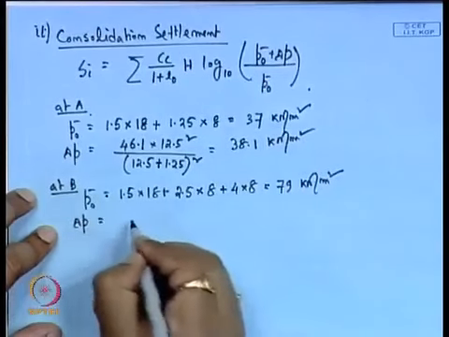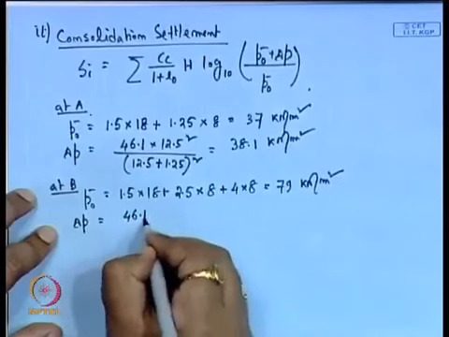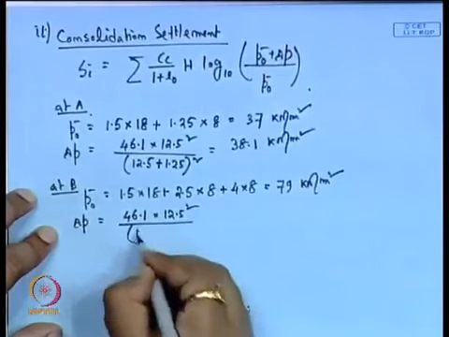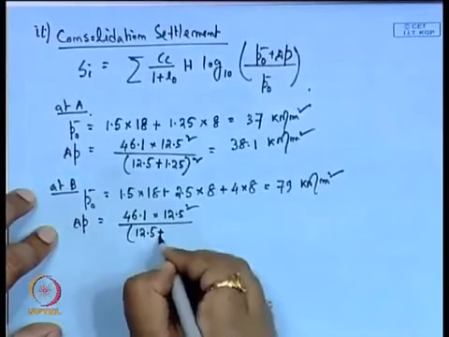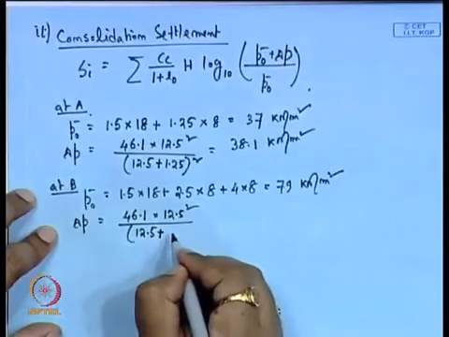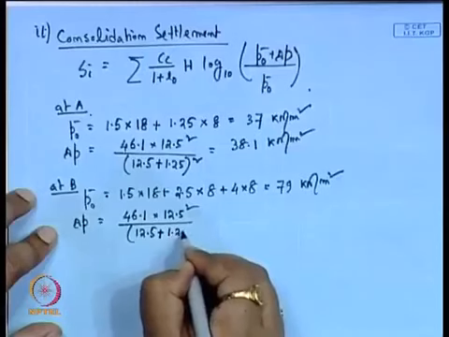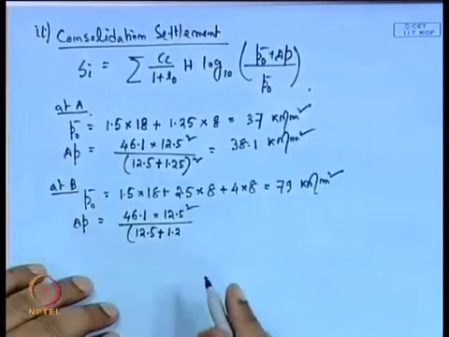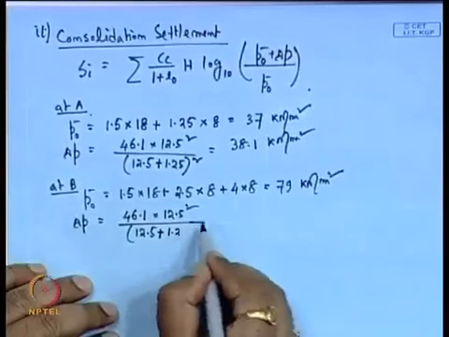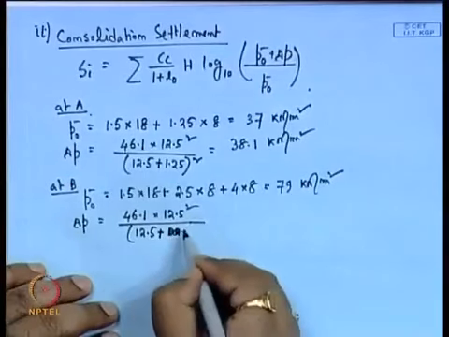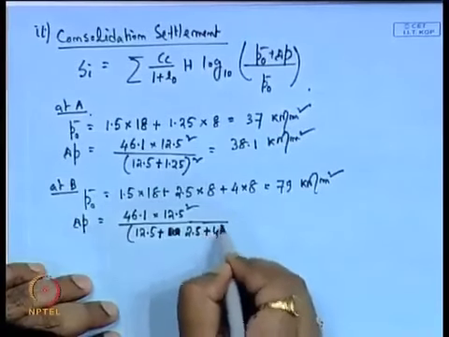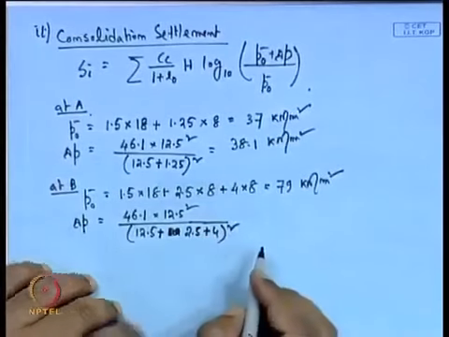Similarly, del P will be 46.1 into 12.5 whole square divided by 12.5 plus that distance. So, this is the 4 meter plus 2.5 meter. So, 2.5 is the thickness of the first layer plus 4 meter, that is square.